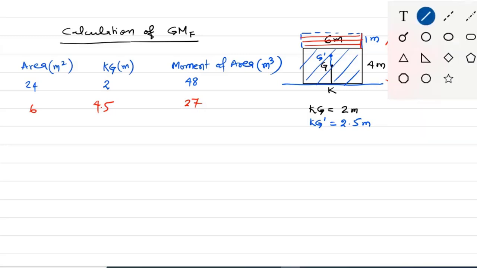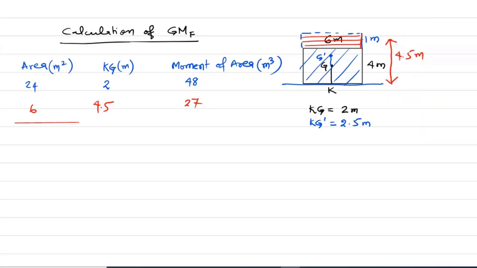Before getting into the ship, I'm just trying to clear the concept so that it becomes easier, so you know exactly what is going on. So now the total area is 30, right?